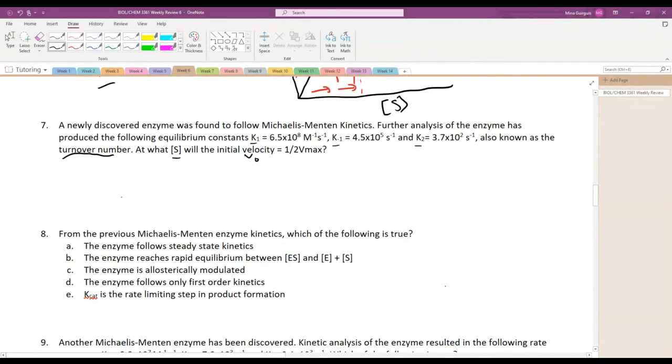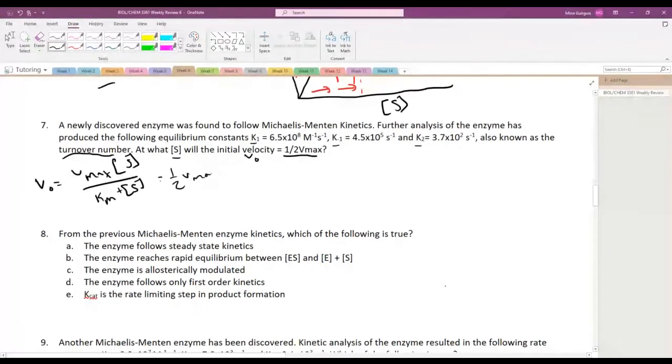So I'm going to explain the rationale using the Michaelis-Menten equation, just in case you forget, or you get like 1/3 Vmax or something like that. And then I'm going to talk to you guys about Km in terms of its definition. So if we think back, V0 equals Vmax times S over Km plus S. And now we're defining initial velocity as 1/2 Vmax.